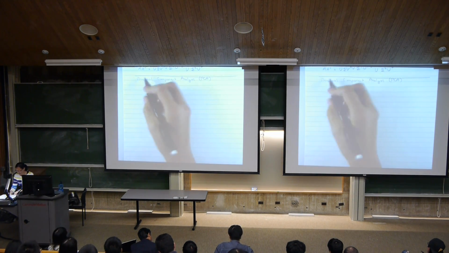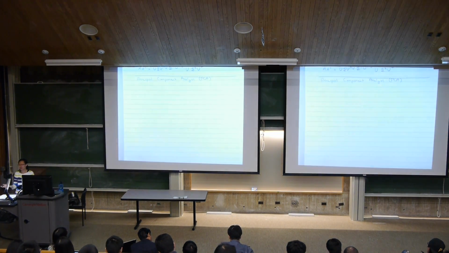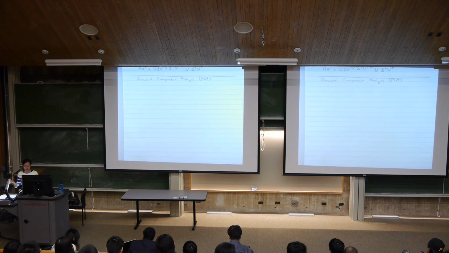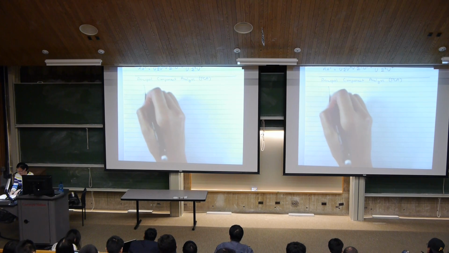Oftentimes we have a high dimensional space, but we don't actually need to use those high dimensions. We can represent our data in a much lower dimensional space. So I'm going to do a simple example in 2D.